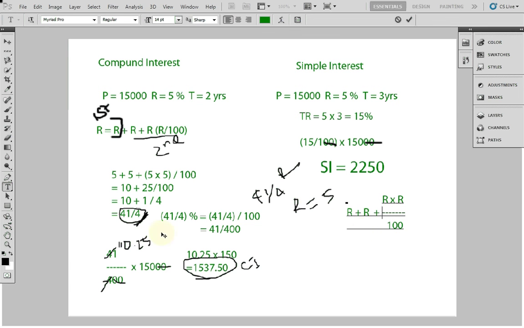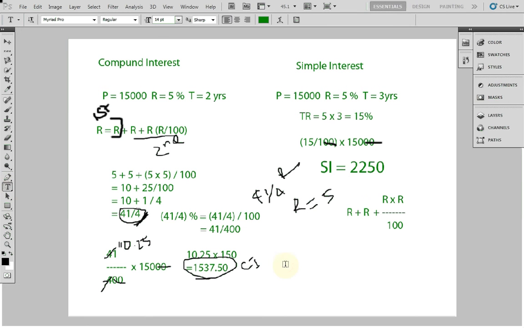Here is the formula. Okay, substitute these two values now. 41 by 4 plus 5, it's nothing but 4 fives are 20, so 61 by 4. Then 41 by 4 into 5 by 100, which is 205 by 400.